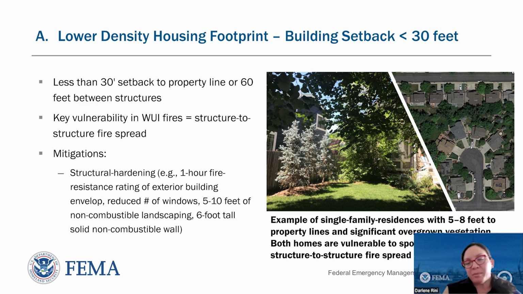The image on the left is showing just an example of the side yard that is shared between two adjacent homes that are anywhere from 5 to 8 feet to the property line and less than 30 feet between each structure. So in this case, as you can readily see, both homes are vulnerable not only to spot fires from embers that could ignite the fuels on either side of their property line, but also in the event that one of these structures would ignite, that it could easily spread to the adjacent neighbor's building.